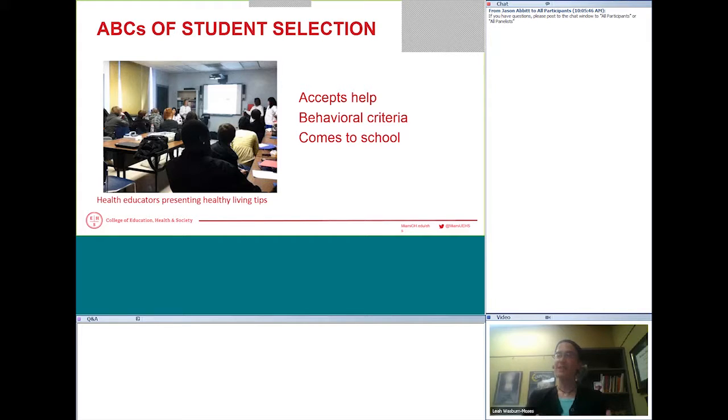And then the last aspect we found, not surprisingly, is that they have to come to school. We found that this program did not end up improving attendance, except a small amount, not a lot. So if they want to benefit from the program, they have to commit to coming to school.